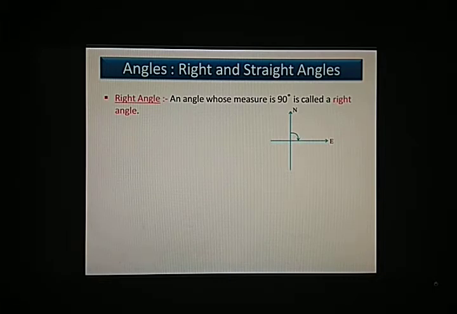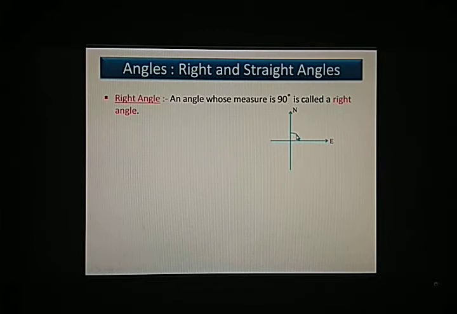You can see in your home in which direction the clocks move. That direction is called the clockwise direction, and the opposite of that is called the anti-clockwise direction.